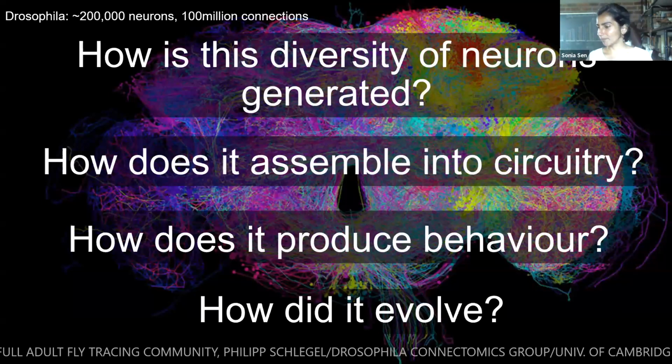See what you can learn from there. Okay, so primarily in the next 4 talks, we will talk about how you generate all of that diversity of neuron types, and we may touch upon how it assembles into circuitry somewhat, and then of course we have been talking a little bit, just keeping our eyes peeled about evolution.